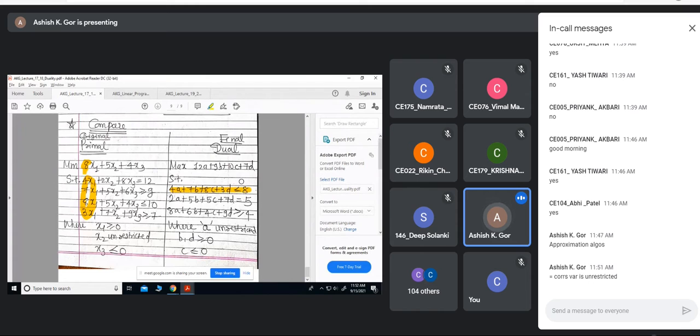This first constraint of dual is related with x1, and x1 is greater than equal to 0. Since x1 is greater than equal to 0, the corresponding inequality sign is normal.